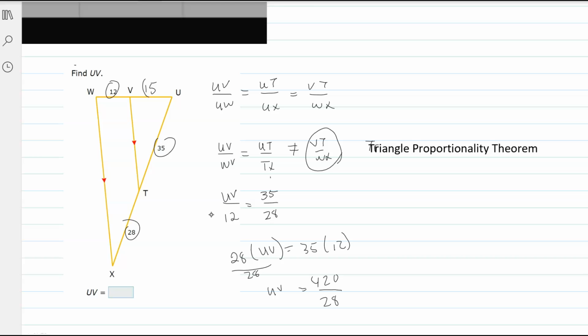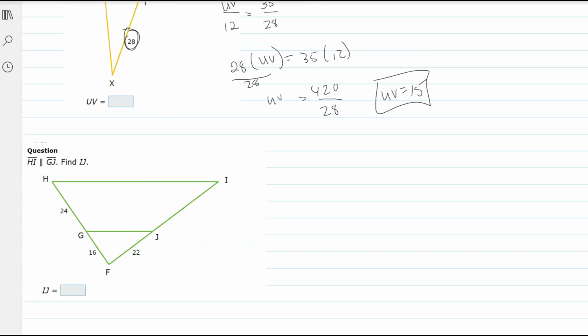This piece is smaller than this piece, so it better be smaller. Okay? So UV equals 15. The distance between U and V is 15.